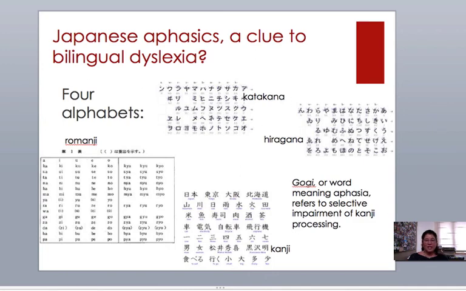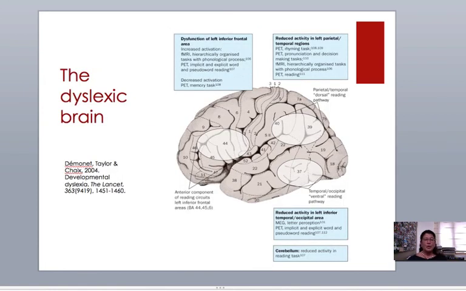That makes us think that the kanji might be stored in a different area of the brain because they are related more to conceptual imagery, as opposed to symbol systems where we don't have a good reason why A should be A. The physical drawing of that doesn't make a lot of sense to a lot of people. Whereas with Nihon, where Ni is the sun, it looks like the sun coming up in your window, so it's a pictograph, it might be stored, it is stored in a different place in your brain, but we still don't really know that for sure.